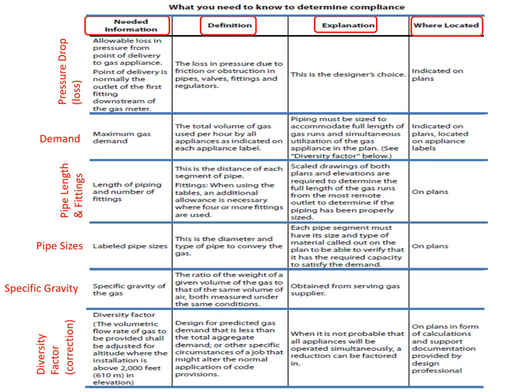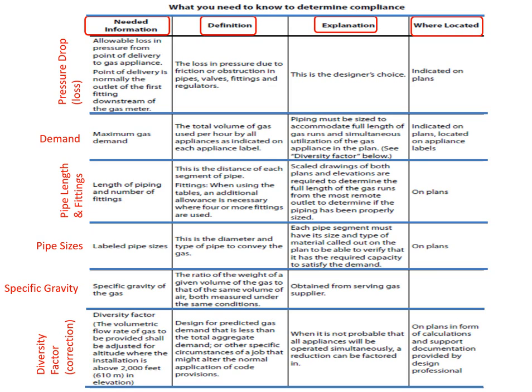The second column gives us a general definition or a description of what we're talking about specifically for that row. Explanation is the third column, and it gives us some explanatory material to further understand the intent of this summary chart. And finally, where located is a recommendation to where the information should be required for review and approval and installation.